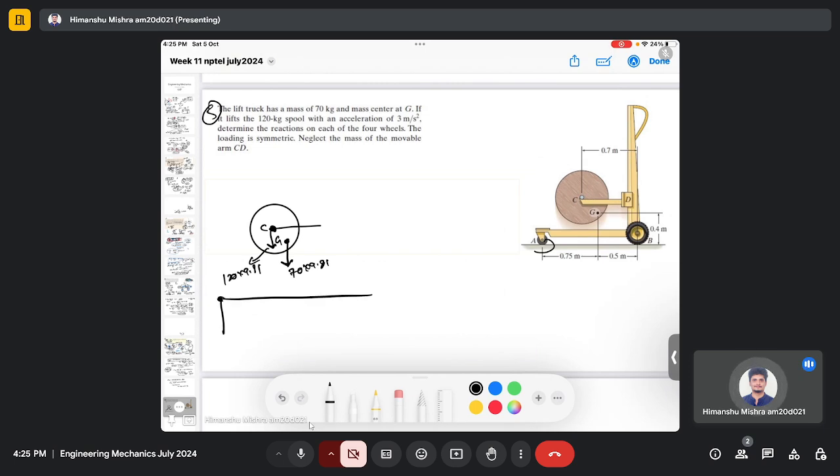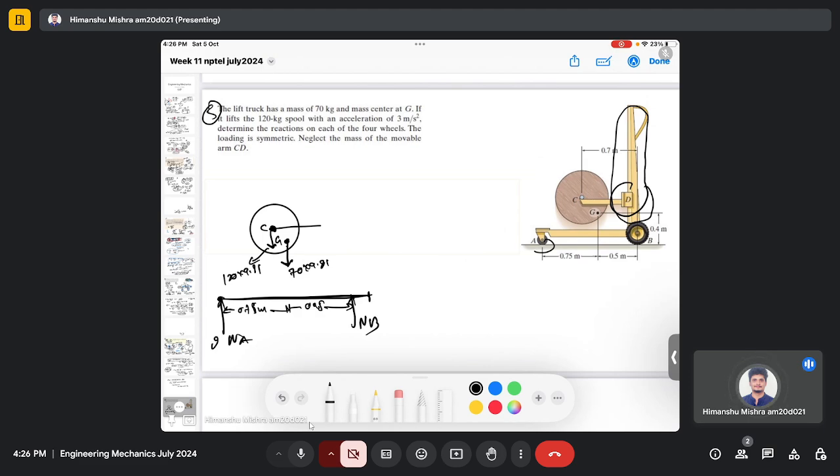Now there will be a normal reaction NA, and here it is NB. I'm not drawing the other parts of this system here. Instead, I'm just drawing the schematic diagram for the force. It's just showing the force. The distance between NA and the center of gravity is 0.75 meter, which is shown in the figure, and from point NB it's 0.5 meter.